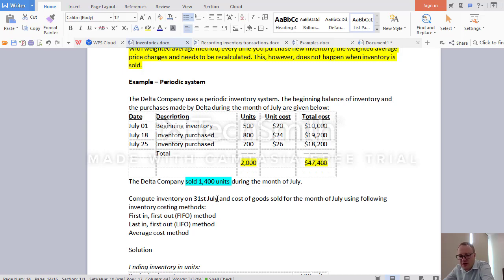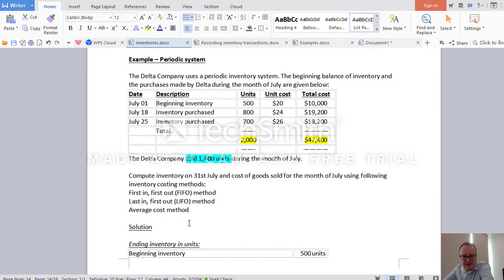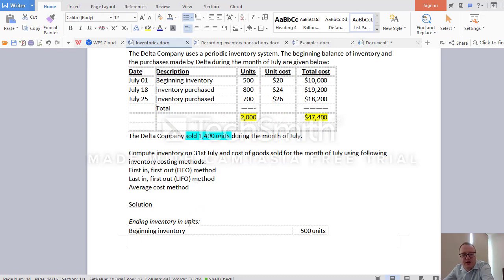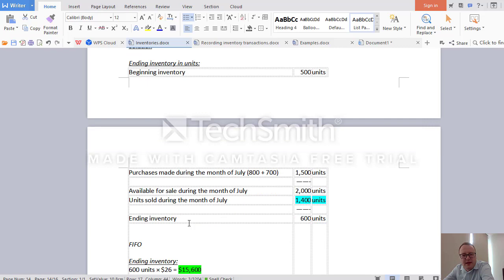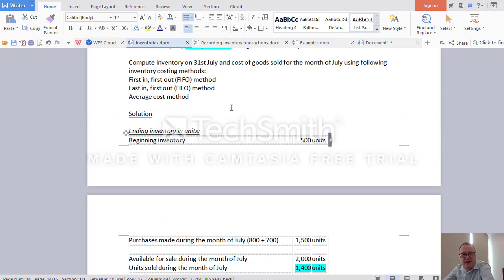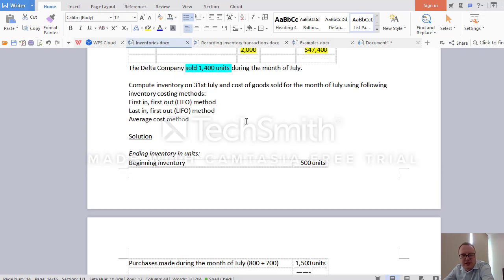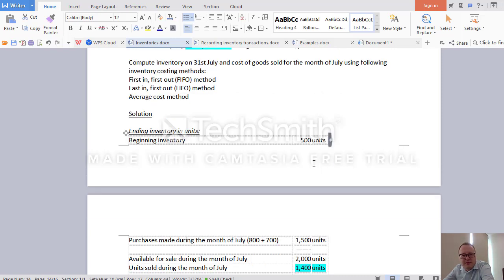So find COGS and ending inventory using 3 methods. So let's look. So ending inventory in units: beginning inventory is 500 units.